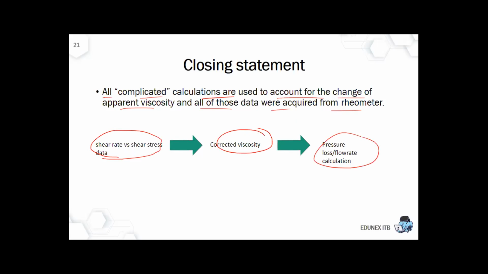Then you can just correct the pressure loss or flow rate calculation. That's all. Actually for the liquid phases it's simple, you get the mu, but what about the non-Newtonian one? Okay, I close this slide.